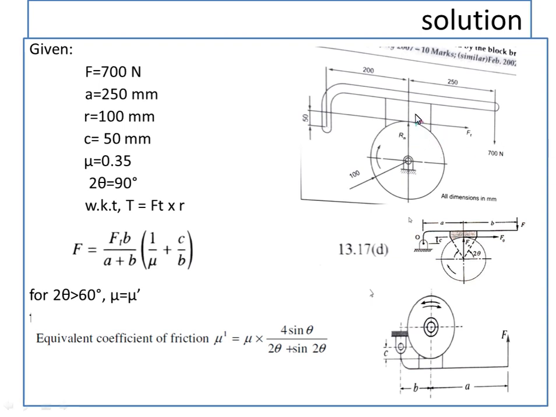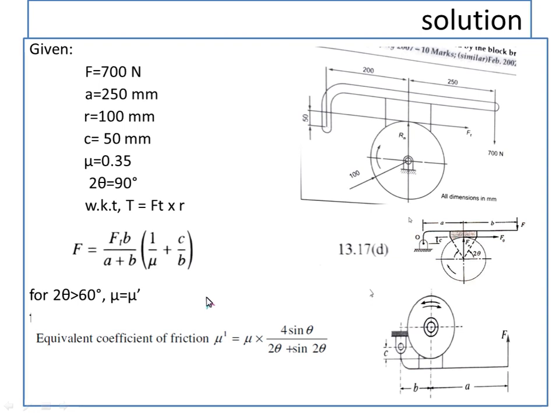That means whenever 2 theta is greater than 60 degrees, the pressure acting on the drum is less at the end and more at the center. So the normal pressure is uniform in this case.